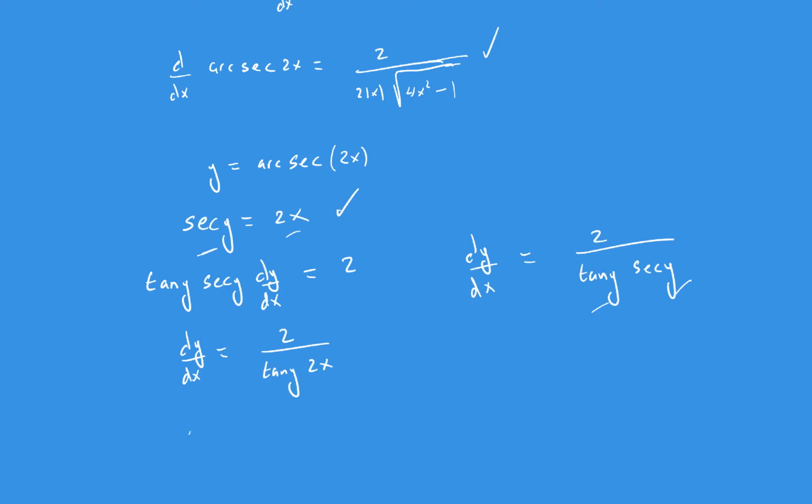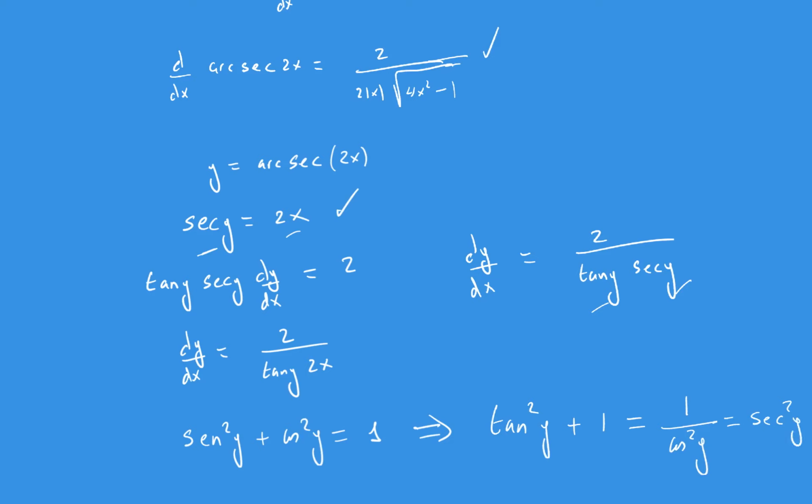We know that sine squared y plus cosine squared y is equal to 1. If we divide this expression by cosine squared, it will be tangent squared y plus 1 equals 1 divided by cosine squared of y, which is secant squared of y. And secant squared of y is 2x squared.